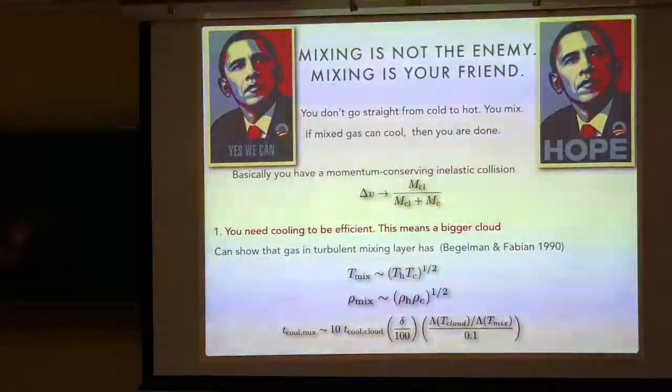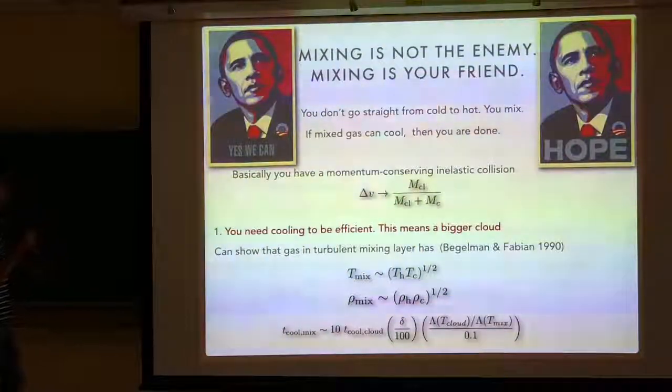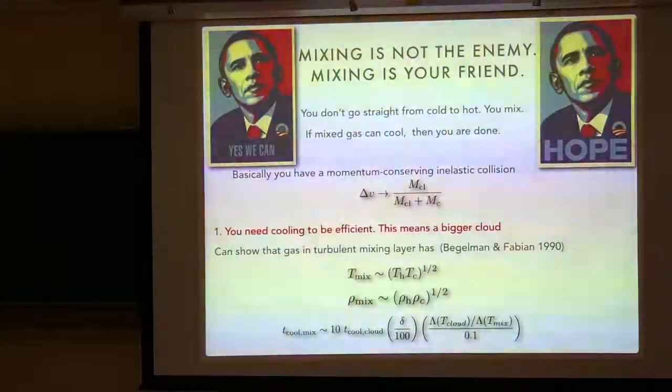I have to admit, you never know what happens at higher resolution, and these are fairly low resolution simulations. I'm already asking in advance for mercy from the 1%ers who have 100 million CPU hours to be kind to the unwashed masses. But anyway, what we ended up concluding was that mixing is not the enemy, mixing is your friend.